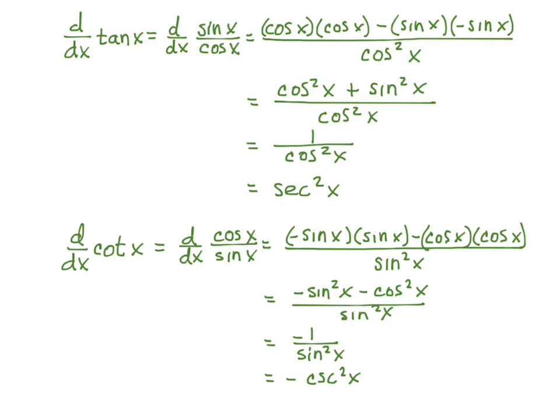And you'll notice that the negative cosecant squared will be the derivative of the cotangent. Now, one of the things I'd like you to notice is that all the cofunctions, like cotangent, cosine, and we'll see soon here the cosecant, always start out negative. So that's just one thing to help you remember what these formulas are.